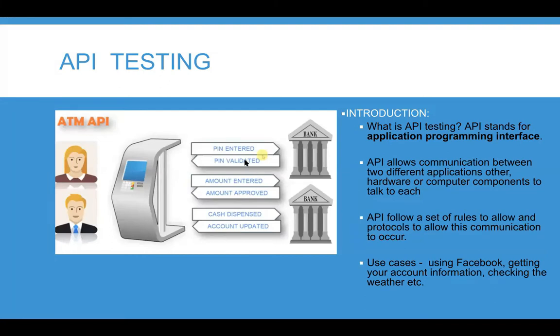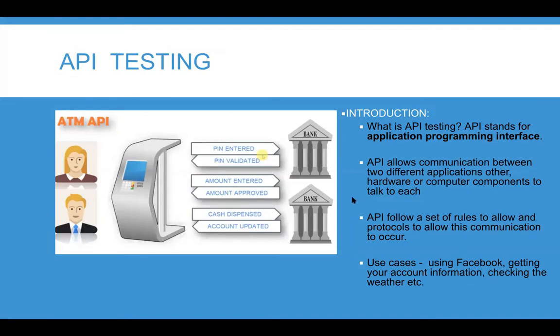Get request, post request. In a get request you're asking for something, and in a post request you're actually filling a form, or you're sending some data to be able to get a response back.